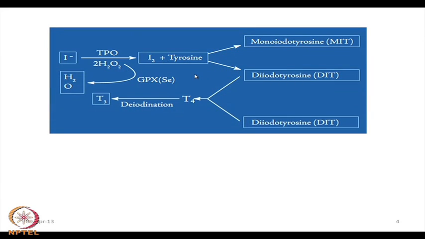So, if we consider the entire picture, we have some iodide ion which we take as a salt or as food material, and from this we want to produce the corresponding iodine molecule. This iodine molecule is produced only with thyroperoxidase activity.